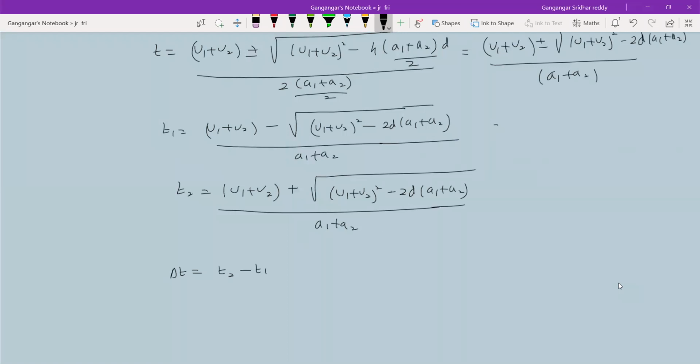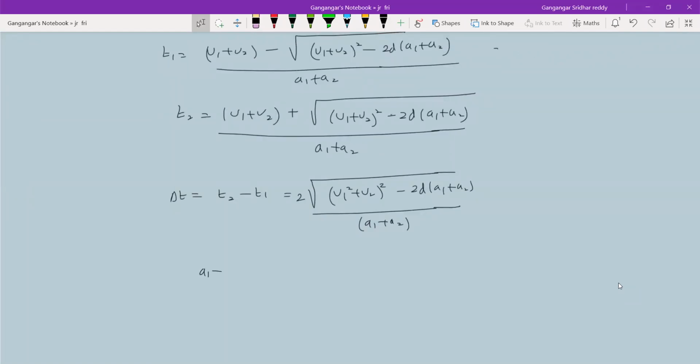I think this U1 plus U2 will get eliminated. So this will be root of (U1 plus U2) whole square minus 2D. Shall I write directly this much? Solve for now, equation for this. Squaring and adding, this will be (A1 plus A2) whole square delta T square by 4.